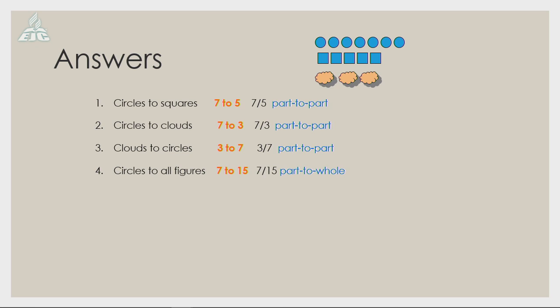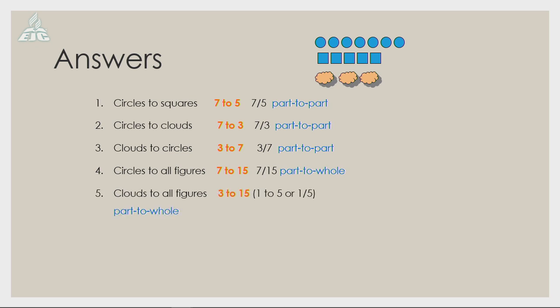And how many circles? 7. So we have 7 to 15. And this way we are comparing a part to the whole, a part of the whole to the whole. All right, and that is the fraction, another way you could say it.